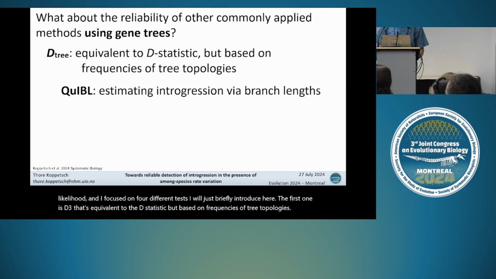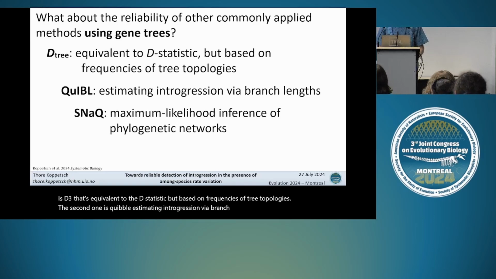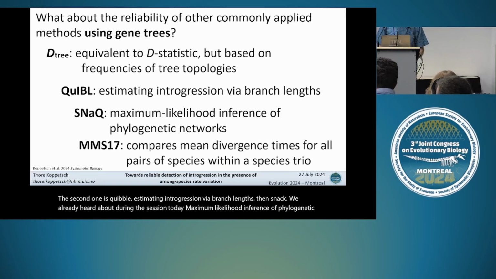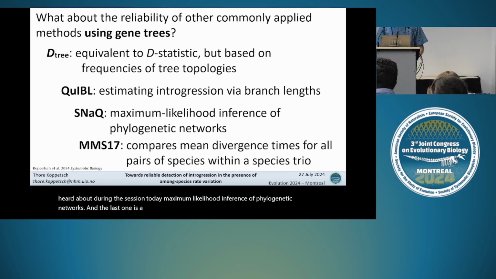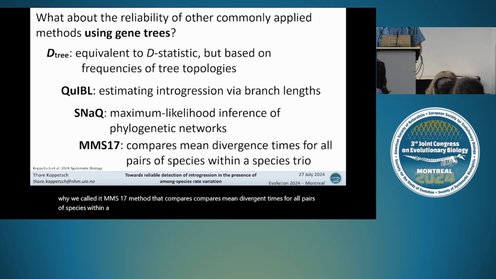The second one is QuIBL, estimating introgression via branch lengths. Then SNaQ, which we already heard about during the session today, maximum likelihood inference of phylogenetic networks. And the last one is a method introduced by Meyer, Machado and Salzburger in 2017, that's why we called it the MMS17 method, which compares mean divergence times for all pairs of species within a species trio.